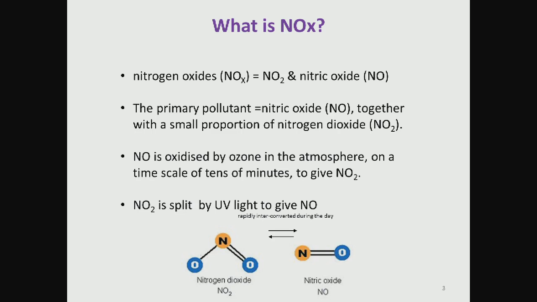So you'll see people referring to NOx. When you read papers on nitrogen-containing pollutants, have a look and see whether they're talking about ammonia, which you'll be talking about with agriculture, NO2, or NOx, which is the combination of the two pollutants.